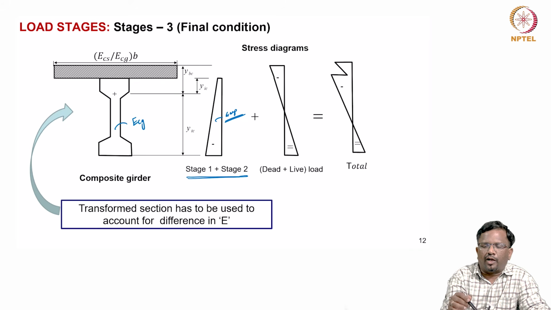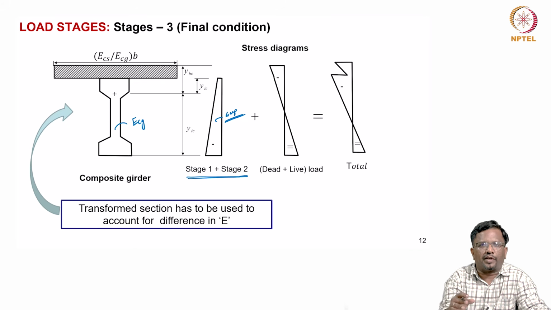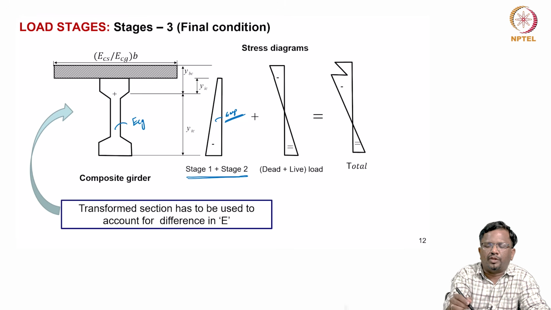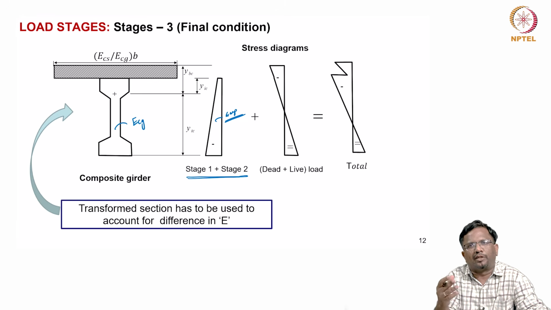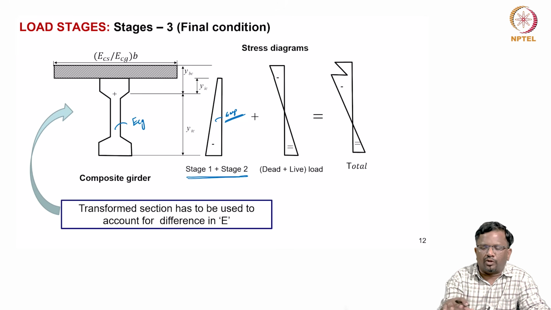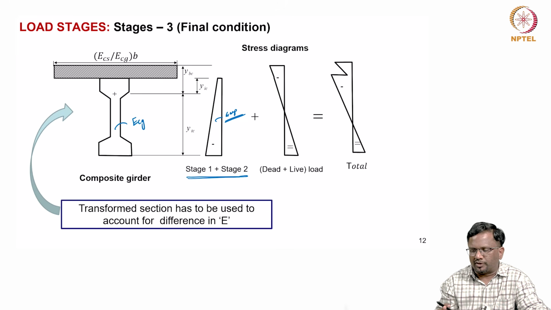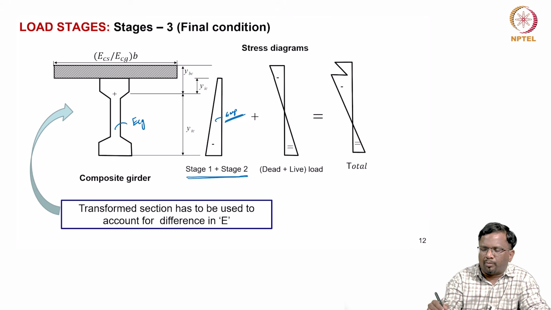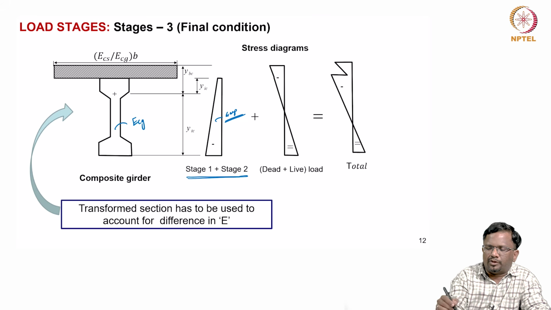So, what will happen is, instead of the full effective flange width, we need to reduce the flange width effectively, because we have to consider the modular ratio to calculate the actual width that is part of the section. Now, both of them will act together as a composite section. So, you get your properties. Now, this is your CGC of the composite section.